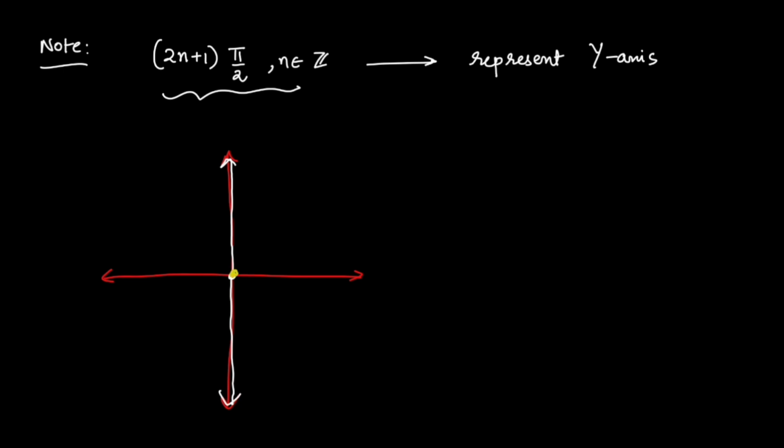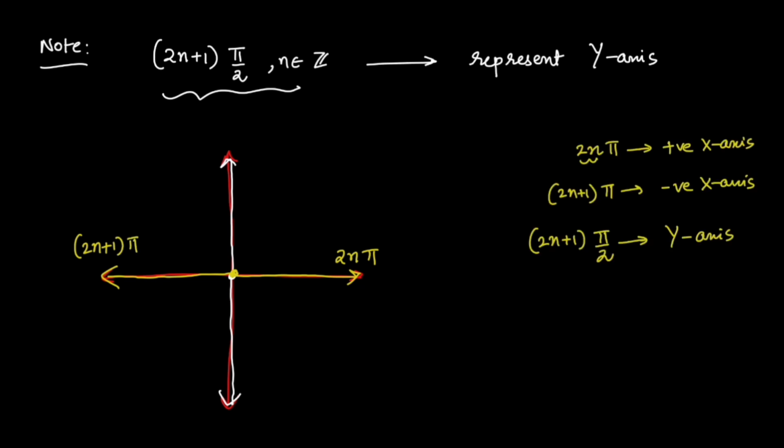What about angles with terminal position along the positive x-axis? They will be in the form of 2n pi. Angles with terminal position along the negative x-axis will be in the form of an odd multiple into pi. If they ask specifically for terminal positions along the positive y-axis, then we can say 2n pi plus pi by 2; they will be in this form.